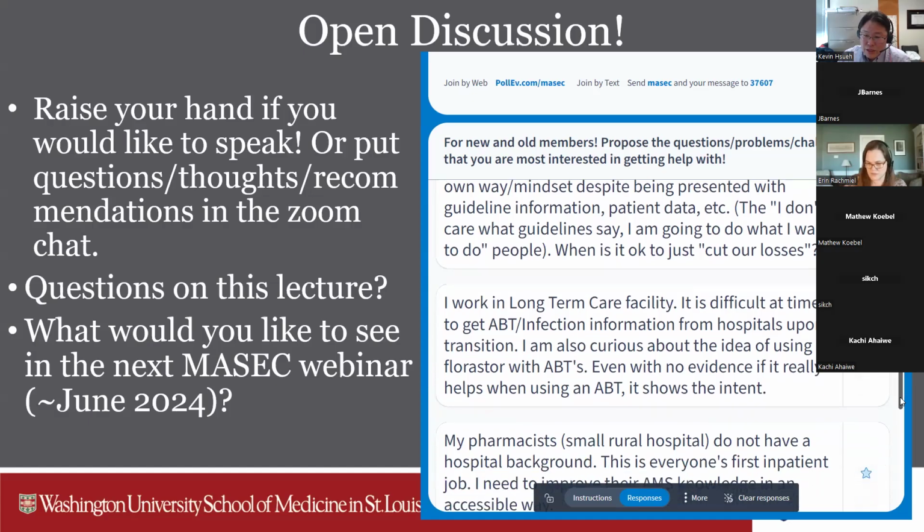Even in my time as a steward, this has happened. But on to the idea of Florastor, which is essentially an oral probiotic. Unfortunately, from a literature perspective, most of the currently available commercial probiotic agents don't really demonstrate impact.